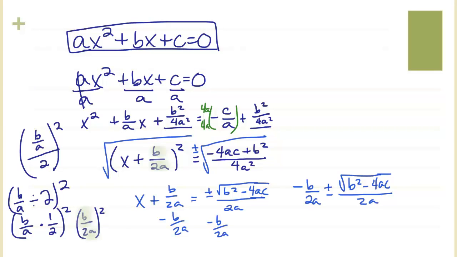So if they have the same denominator, I can write them all over the same denominator. Right, that was x equals. So I have negative b plus or minus square root b squared minus 4ac all over 2a. There you go. That hopefully rings a bell.